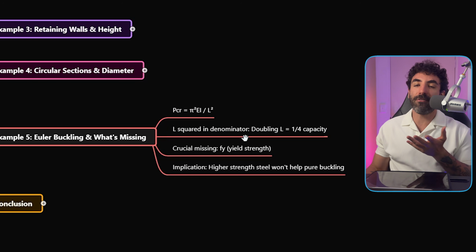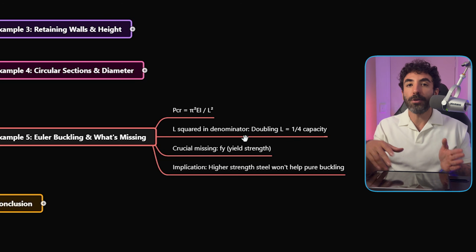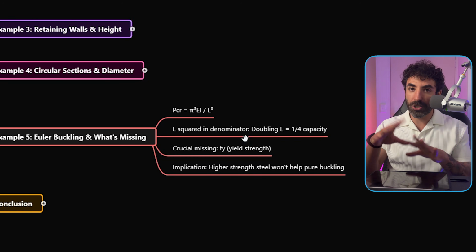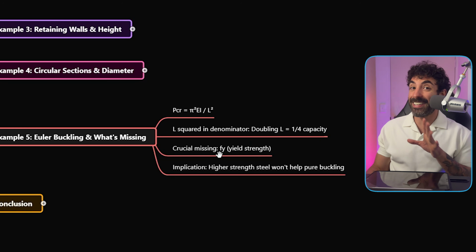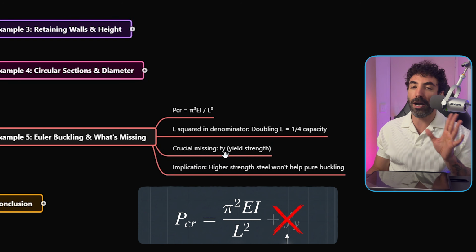That alone is already a very useful piece of intuition, because it tells you that stability problems are often heavily driven by geometry, not just by how much material you throw at the member. But there's another thing here that is even more interesting. Look at what is not in the formula. Fy is not there. The yield strength of the material does not appear in the pure Euler buckling equation.